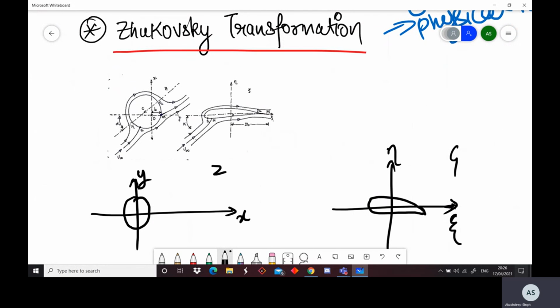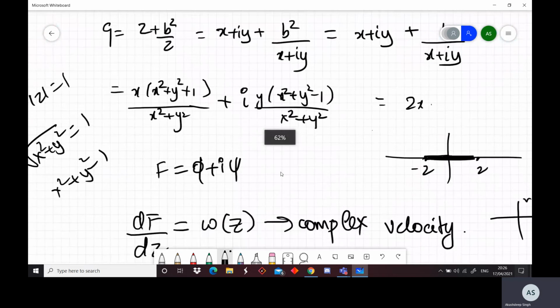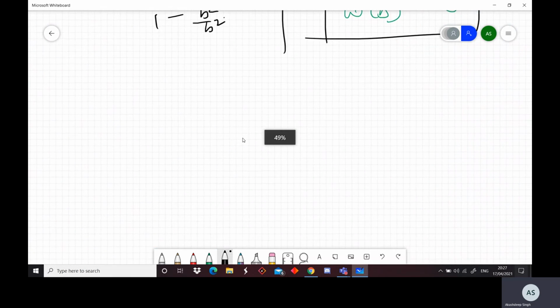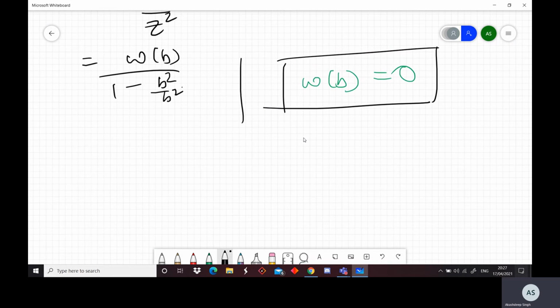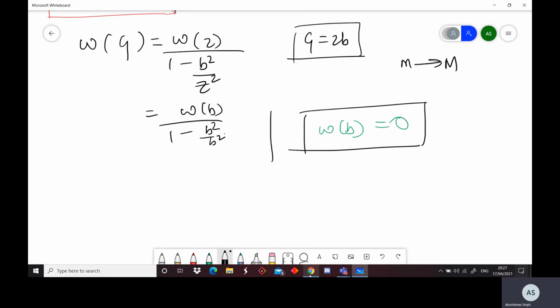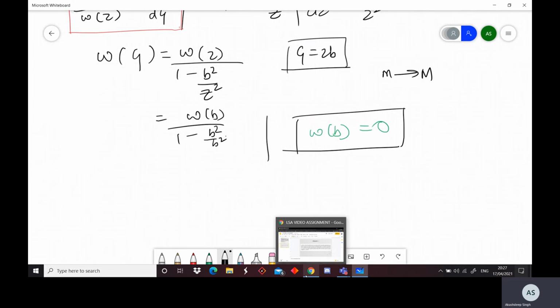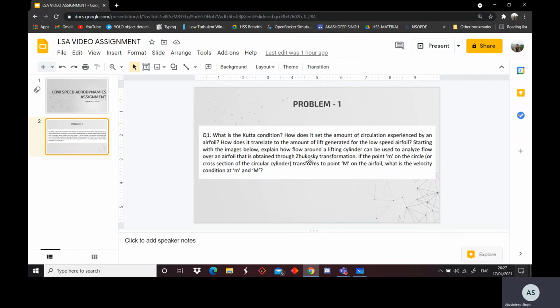So this angle of attack for the cylinder lifting flow, the same angle of attack for the airfoil, when translated from point M to capital M, goes from small b to 2b. This condition of W of b equal to 0 is enforced here. So with this, we have answered all the doubts and the problem statement of how we can transform a lifting cylinder to a lifting airfoil using the Joukowski transformation, a mathematical transformation in complex analysis.